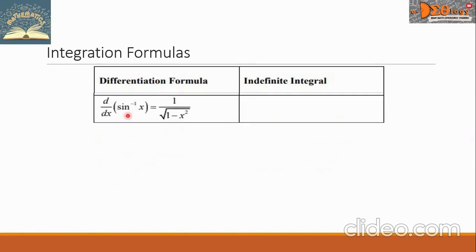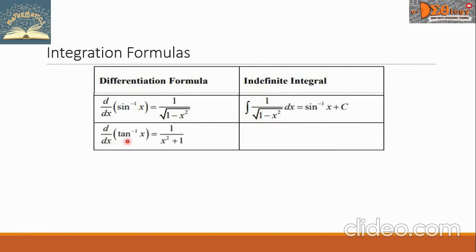The derivative of sine inverse x equals 1 over the square root of the quantity 1 minus x squared. The integral of 1 over the square root of the quantity 1 minus x squared, then dx equals sine inverse x plus c.